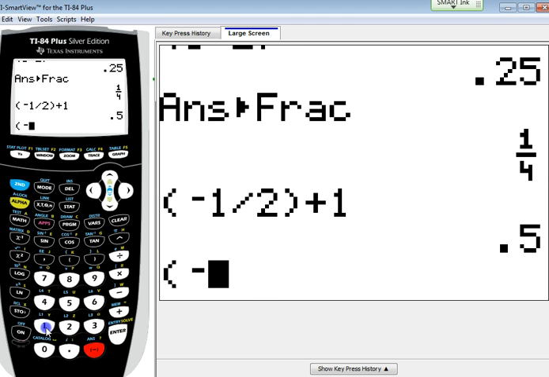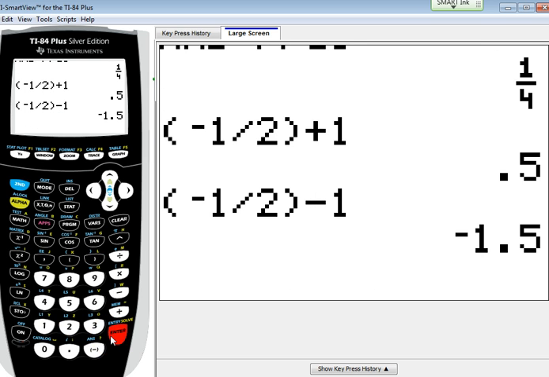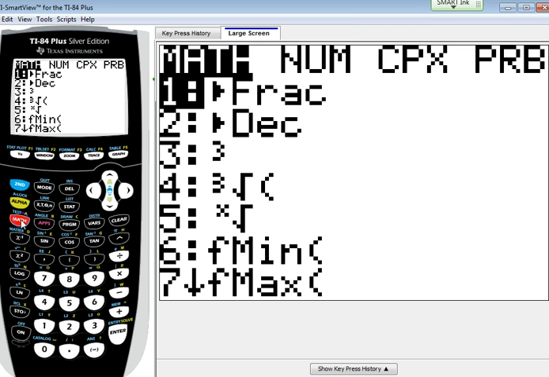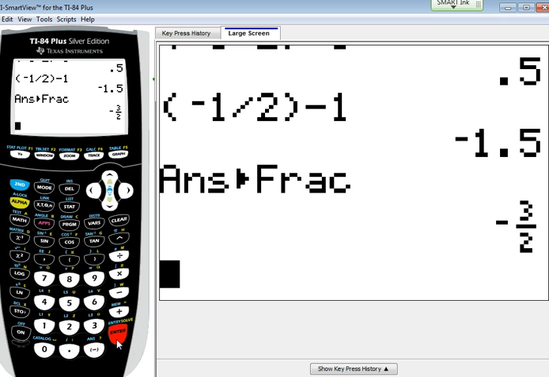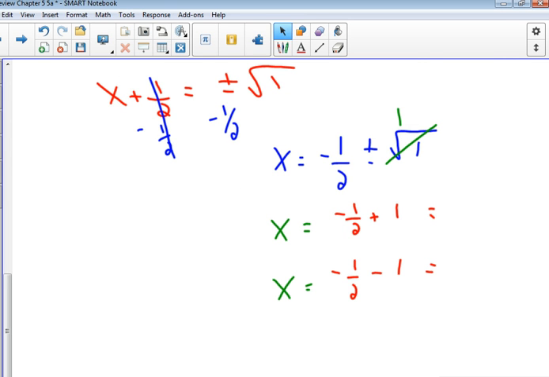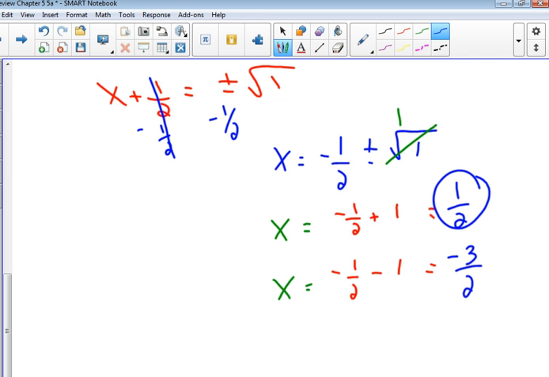Then we do negative 1/2 minus 1 and get negative 1.5. If they're given to you in fraction form, like multiple choice, you can just change it. Yeah, negative 3/2. So it's going to be 1/2 and negative 3/2.